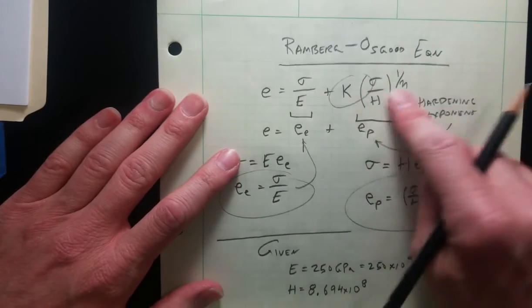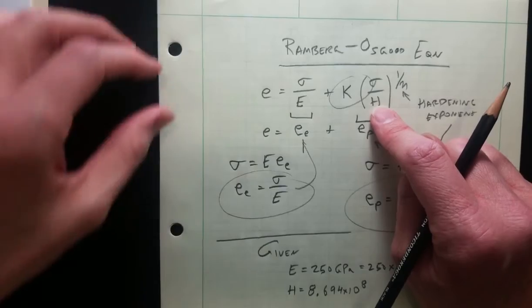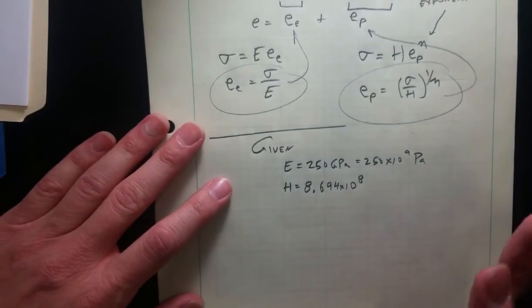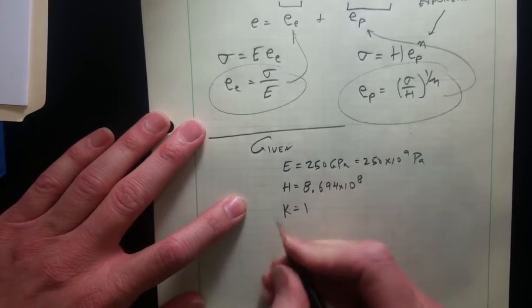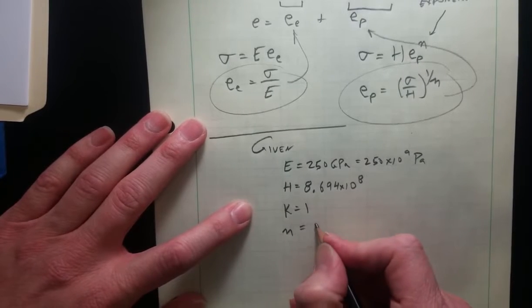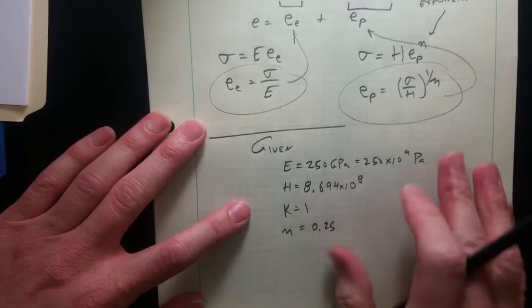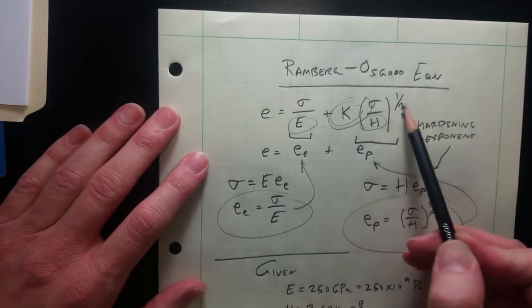The details of the derivation and what these mean, you can look up elsewhere, or you'll certainly see later in life. K equals 1, and a hardening exponent n equal to 0.25. So given these four, that gives us E, K, H, and n.